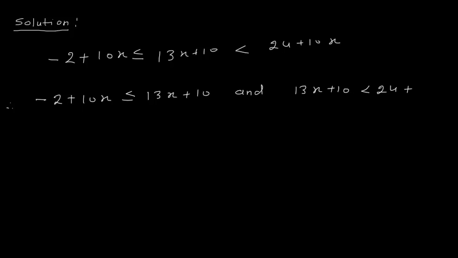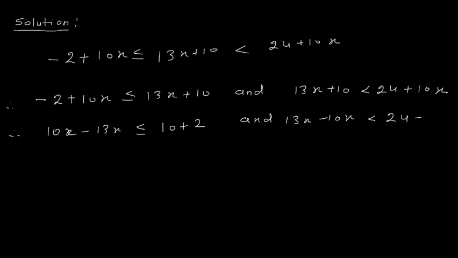Now therefore what I will do, first this 13x I will bring on left. So 10x minus 13x is less than or equal to 10 plus 2. Okay, and on this side we have 13x minus 10x, it is less than 24 minus 10. 10x minus 13x is minus 3x, it is less than or equal to 12, and on this side we have 3x, it is less than 24 minus 10 is 14.